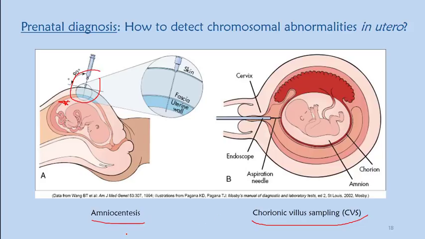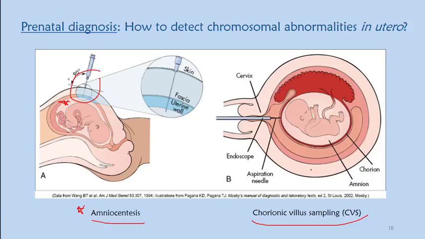Do they look normal? And this is one of the more common tests that's done, especially for women that either have genetic diseases that run in their family and they want to know if their child has inherited that, or if they're past a certain age where chromosomal abnormality odds increase, then they might choose to do amniocentesis.